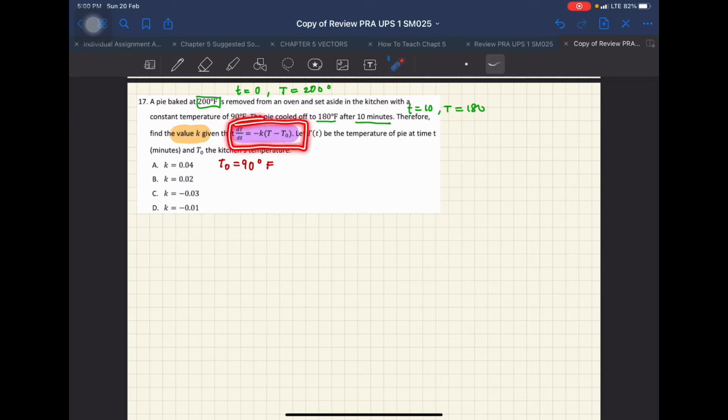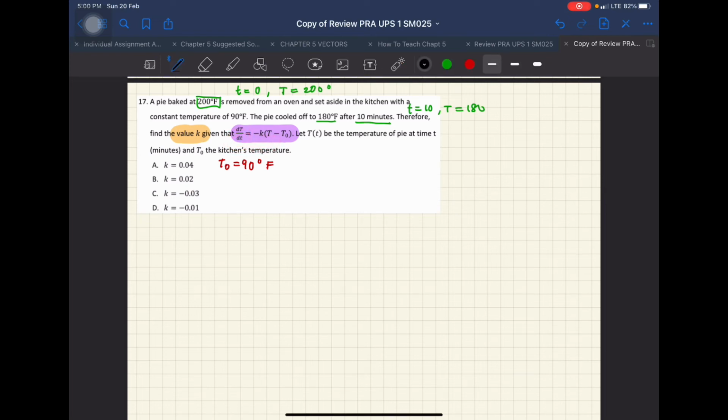Okay, but before we can substitute it into this one, you need to find the formula for T, big T. Okay, so mesti integrate both sides. Okay, so need to separate the variable first. Alright, so let's separate the variable. So I'm going to bring this one sebab dia ada T besar, and this one duduk kat belah kiri. Dia mesti stay satu tempat, and this small letter t, I put it on our right hand side.